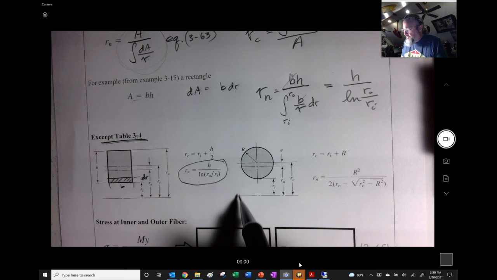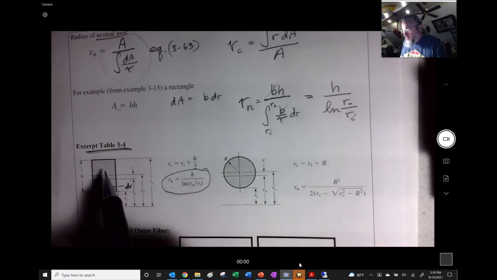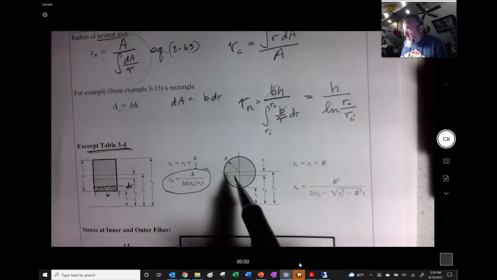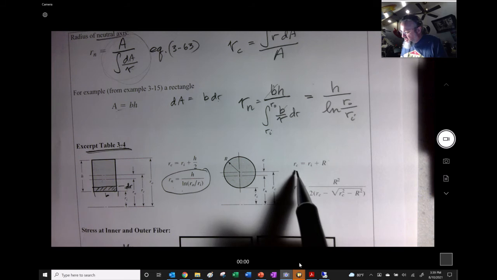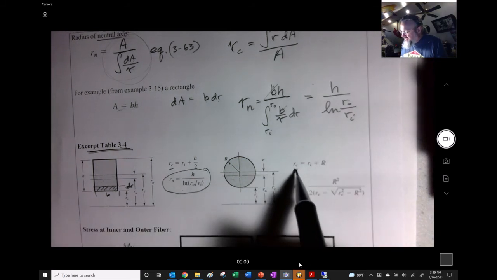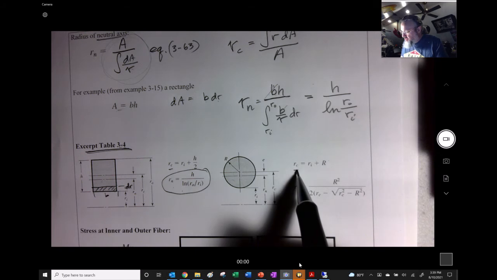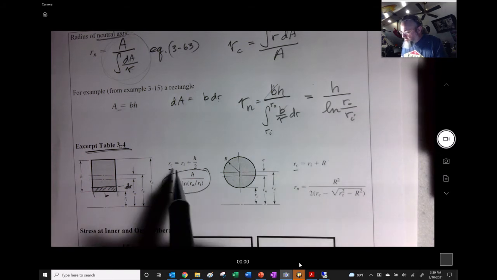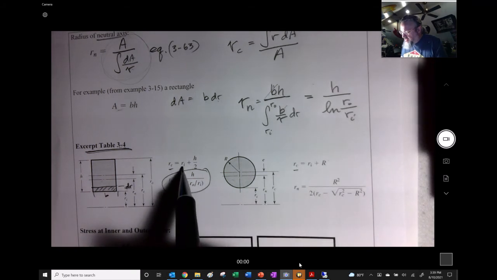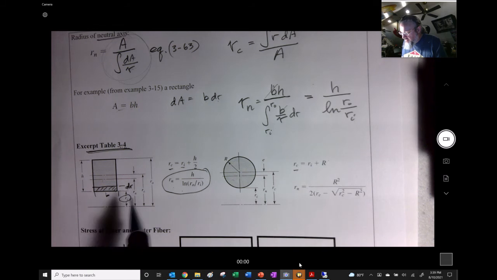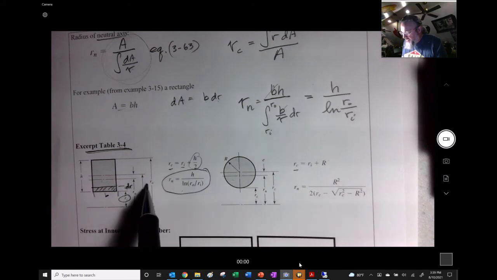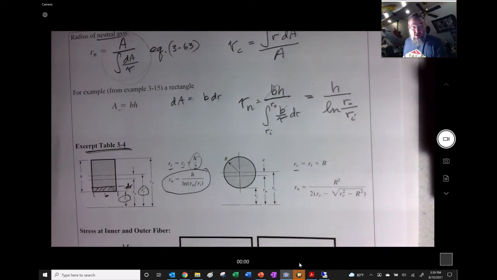That's the big idea. And you could do something similar. The most common ones that we'll have are a rectangle and a circle. And you can get the radius from the center of curvature to the centroid easily enough by taking the inside radius and then 1/2 of the height. Obviously that's going to be Rc.